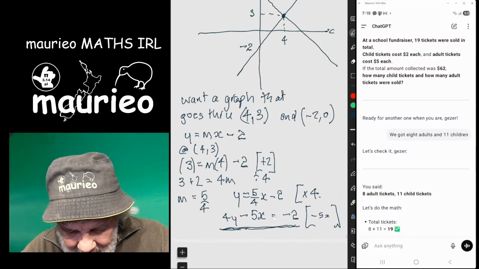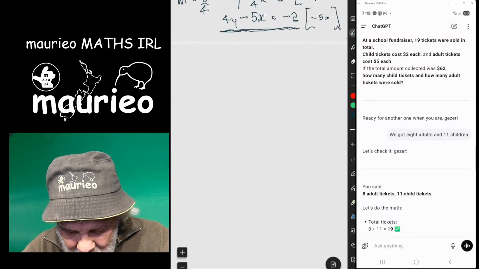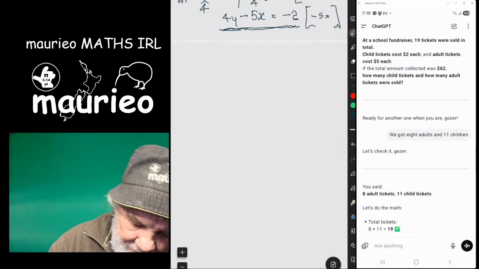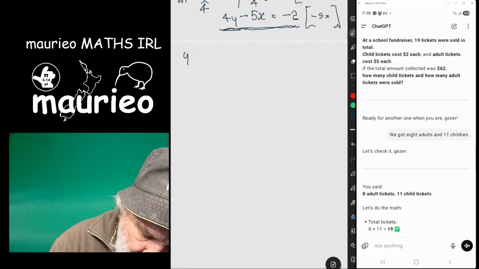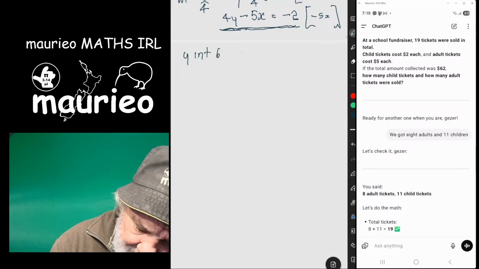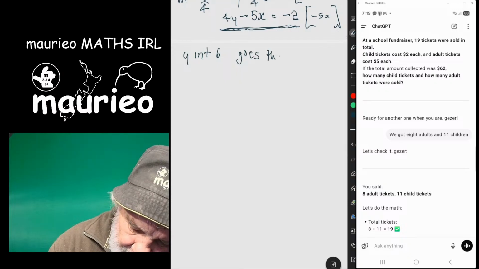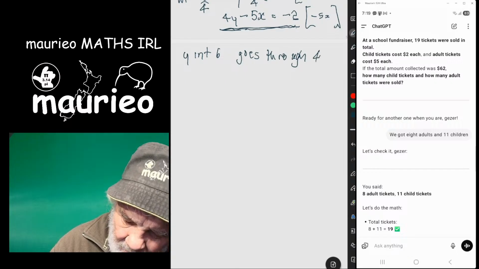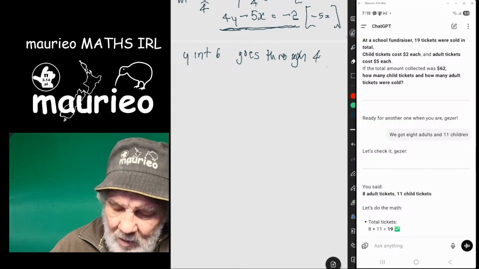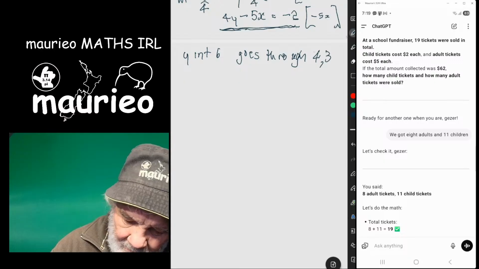Now we've got one with y-intercept 6 that goes through 4, 3.